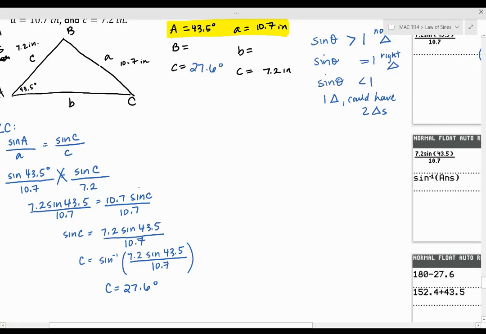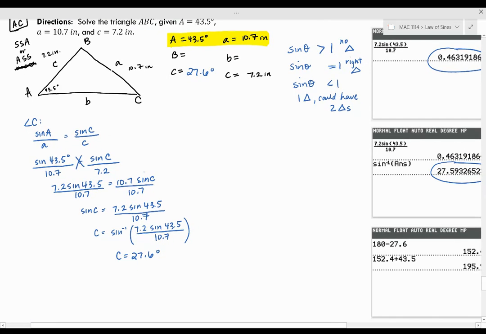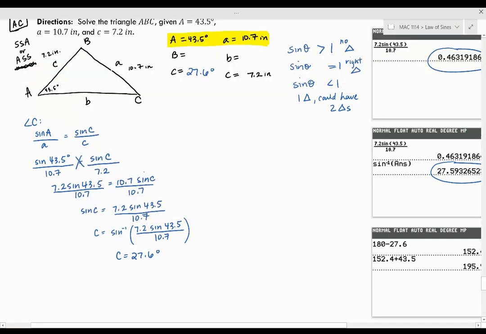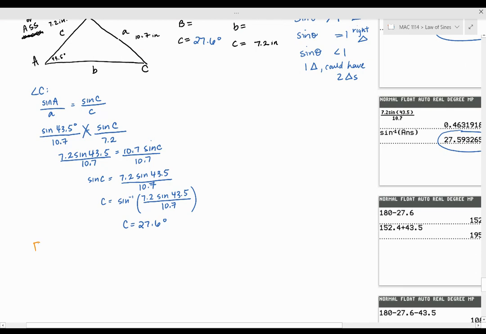Now, because I could have two triangles, I need to check. The way you check to see if you have two triangles is, at the angle that you just found, you need to find the supplement of it. Remember, supplementary angles sum to 180. So we're going to do 180 minus 27.6.